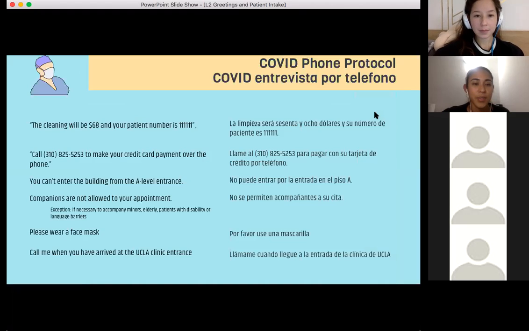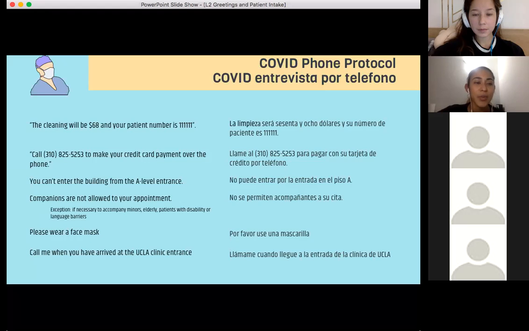And then some other scenarios we have, especially now because of COVID, a lot of new things to tell our patients about coming to the clinic. These are certainly more advanced sentences, but these are always good for you guys to have as reference.